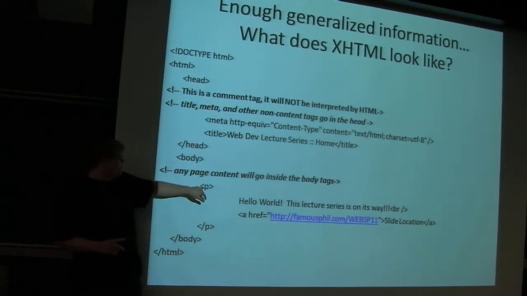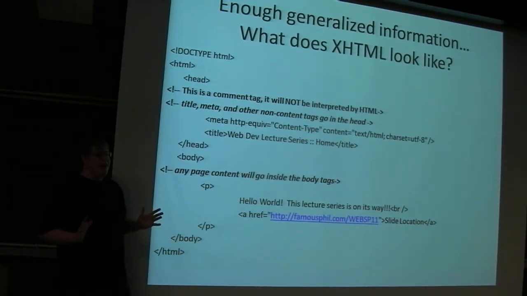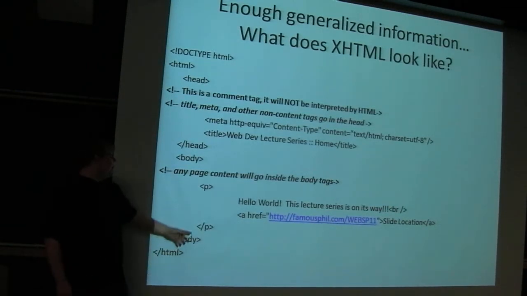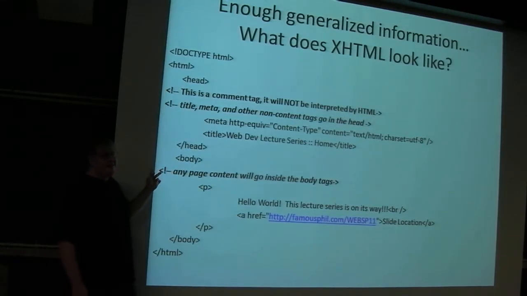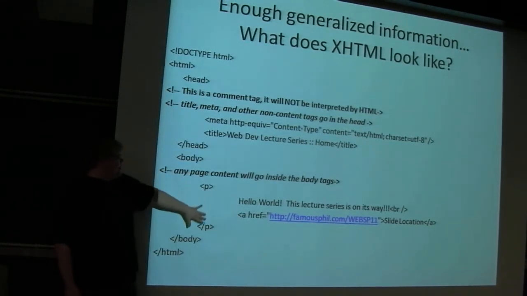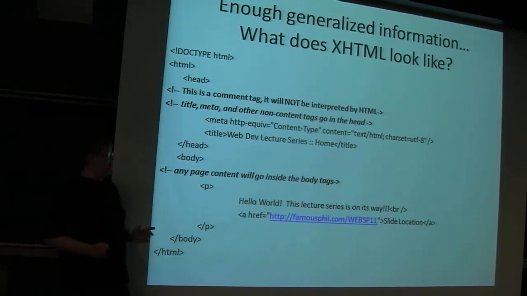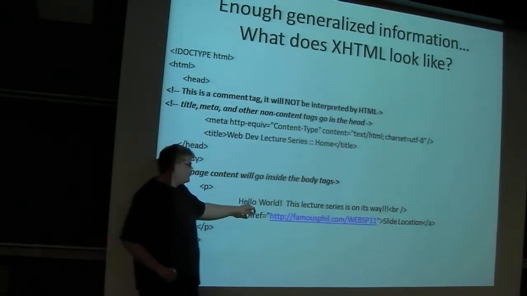Because if you put text without any kind of tag surrounding it, it tends to throw off the validators a little bit, and it's just easy to put in a paragraph tag, which can then be associated to your CSS style sheet to make this maybe show up in a box or something prettier than just plain text on your browser.